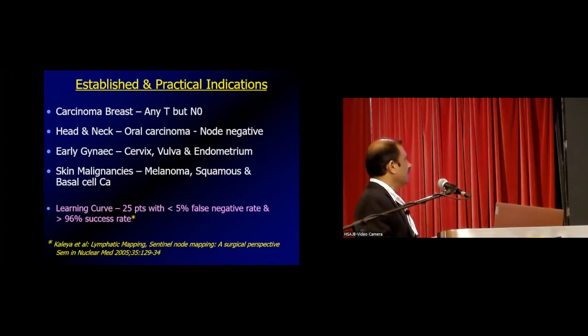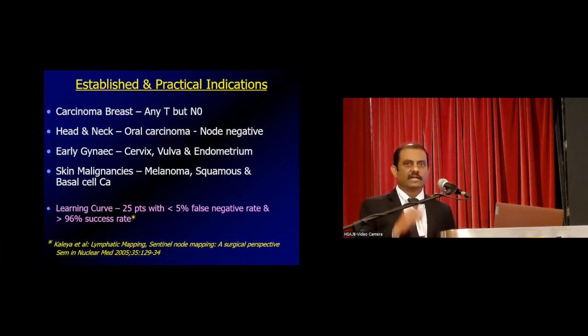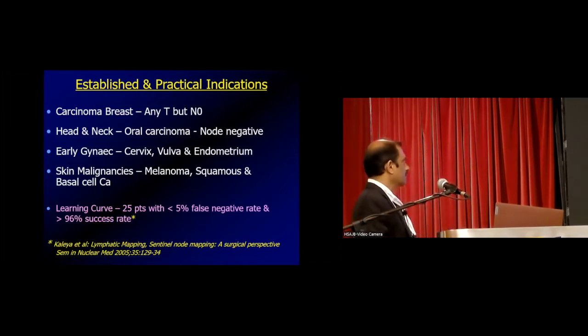In head and neck, the maximum experience is with oral cancers, tongue cancers, buccal mucosa cancers, and to a certain extent floor of mouth cancers. Again, the nodes should be clinically or ultrasound wise negative.